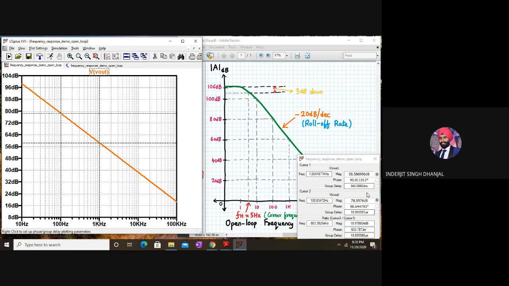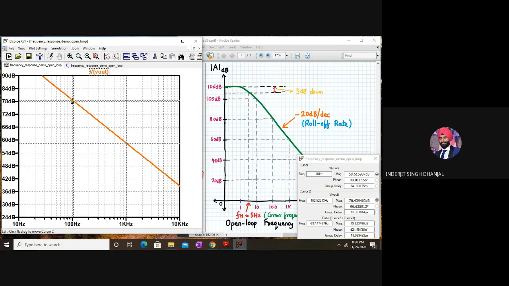The gain here is 78 dB, and here it is 58.58 dB, and the difference is around 19.97 dB. That is close to around 20 dB. If I make the cursors exactly equal to 1 kilohertz and 100 hertz, I can get a closer result. Now cursor 2 is at 100 hertz and cursor 1 is at 1 kilohertz.